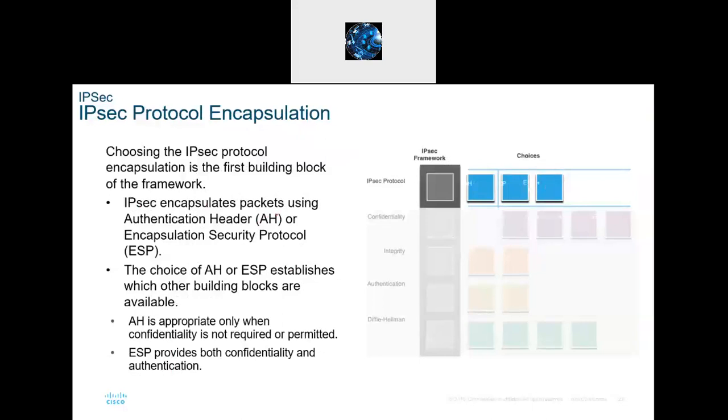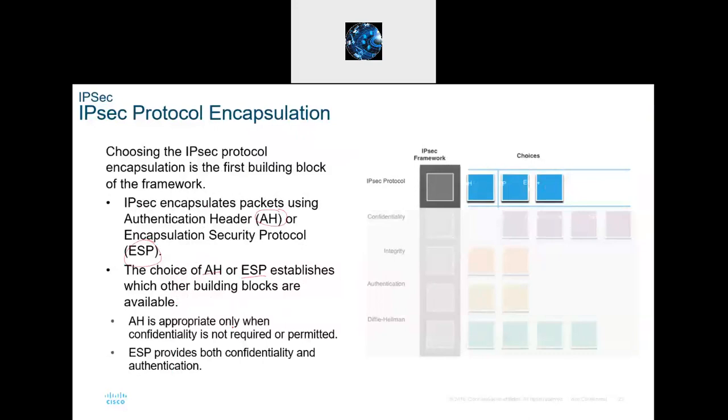You have to decide whether you are going for AH or ESP. I don't think that combined one is popular. IPsec encapsulates packets using authentication header or encapsulation security protocol. The choice of AH or ESP establishes which other building blocks are available, which I just highlighted for you guys.